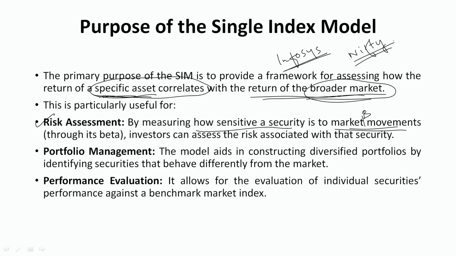Investors can assess the risk associated with the security: how sensitive an individual stock is in comparison to the overall market, and how an investor can use this information to relate it to the return he would get by investing in a particular stock. That's the first purpose.